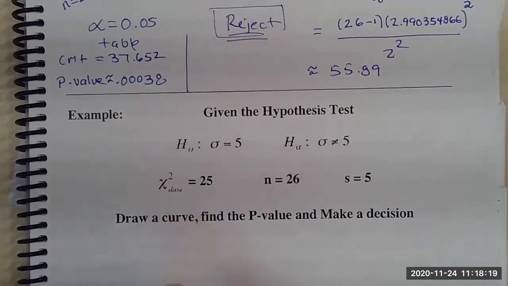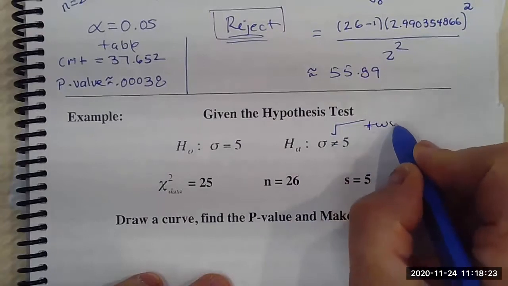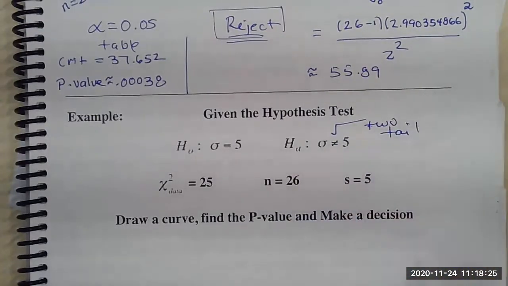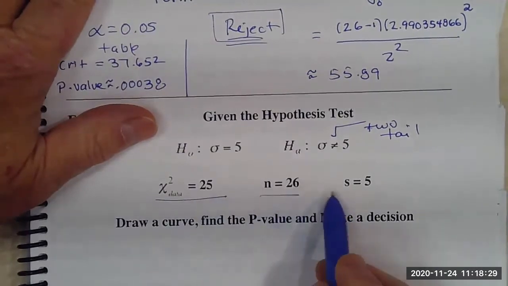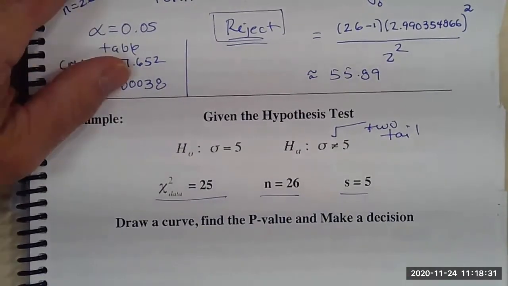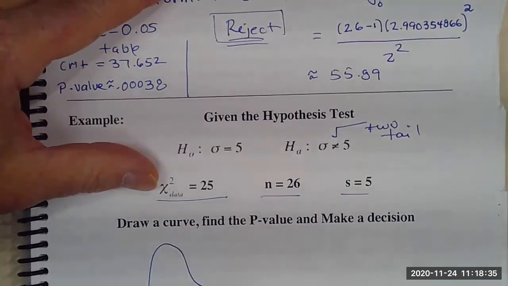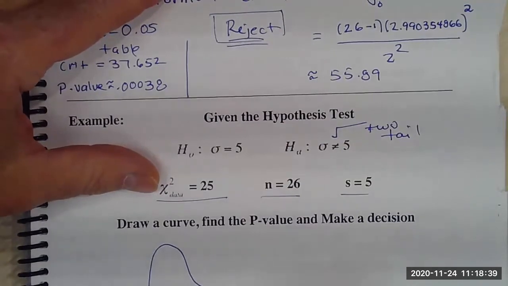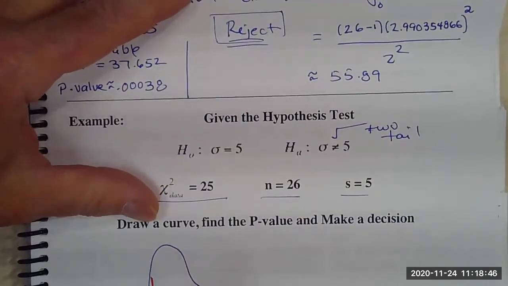Okay, let's see this one here. This is a two tail. They gave me a lot, that's good. Draw a curve. Okay, two tail, so you need to find here and there if you're going to draw a curve.